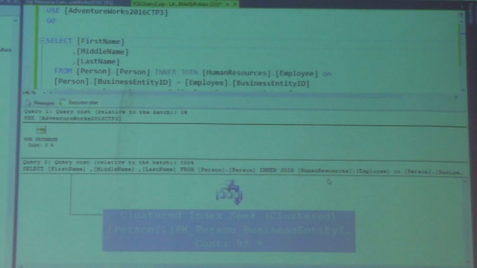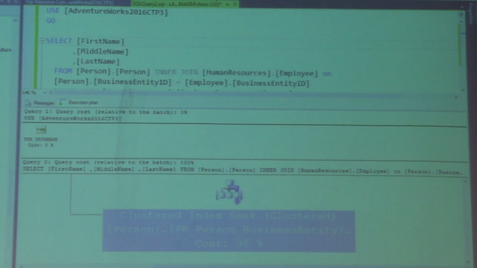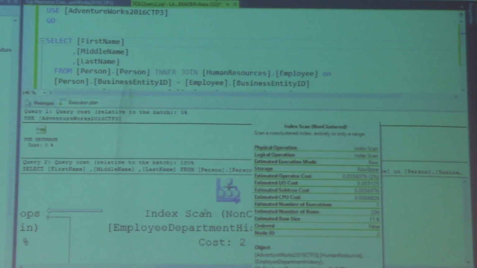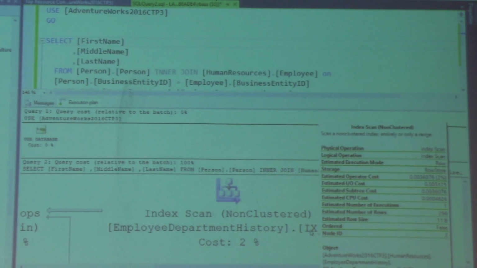So the most time-consuming action was clustered index seek for the person based on person business entity ID. So why did we do this action? The other one, employee department history. What was the index?